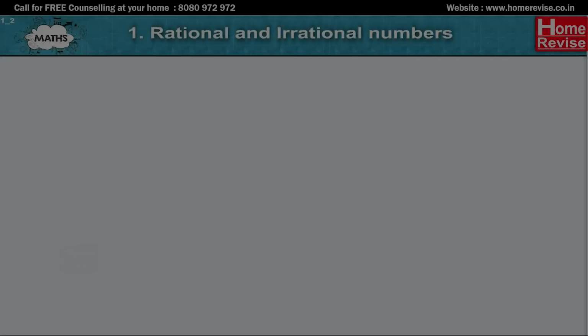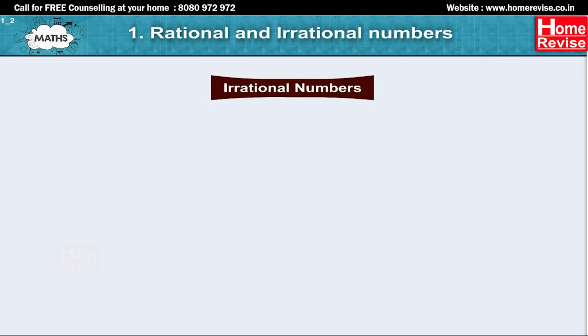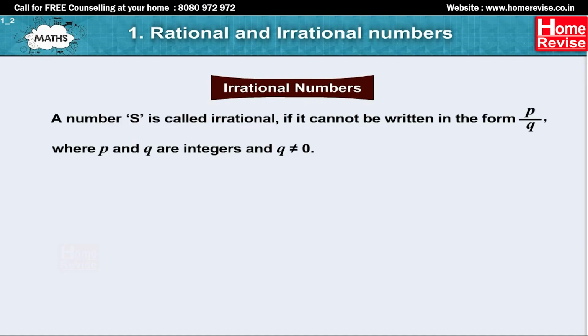Now we will discuss irrational numbers. A number s is called irrational if it cannot be written in the form p upon q, where p and q are integers and q is not equal to 0.